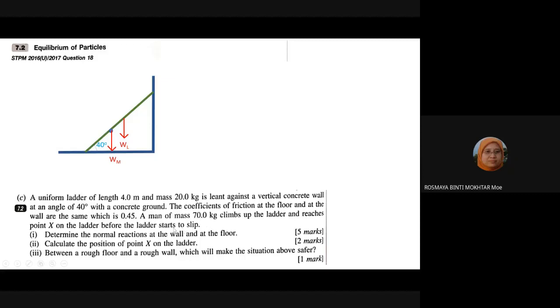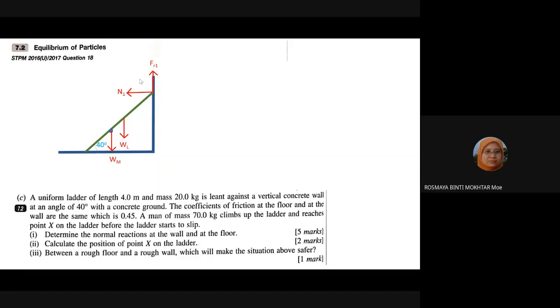And then what else? We have friction, because the coefficient of friction given for both wall and floor is the same, 0.45. So friction at two ends. At the wall here, there are two components, friction and the normal, to make a reaction. It's a rough surface, so the reaction is not equal to normal.